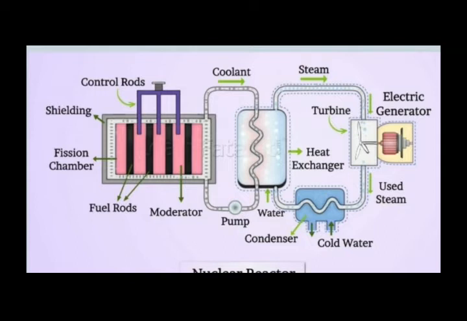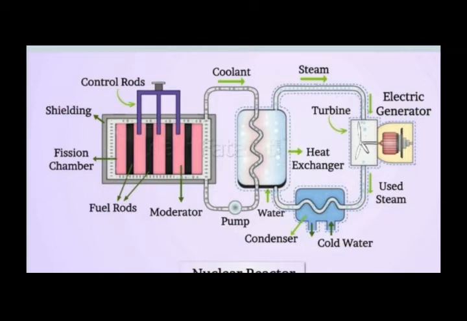Now we'll see how a nuclear reactor works. A neutron enters into the fuel rods and a nuclear reaction, the fission process, takes place. That is adjusted by control rods, and fast moving neutrons are slowed down by moderators to provide the chain reaction.